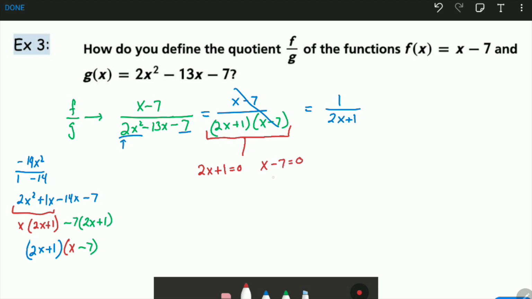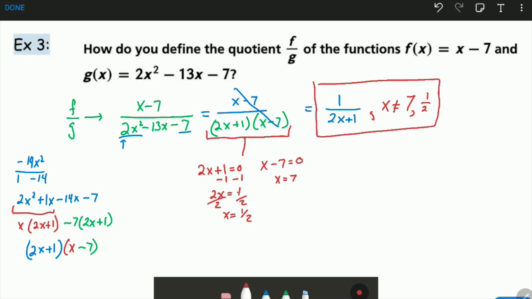So the 1 would be x equals 7 as a restriction, and 2x equals 1, so we'll divide by 2 on both sides. X is 1/2. So those are our two restrictions. So as part of our answer, x cannot be 7 or 1/2. And that would be the completed answer for this problem.